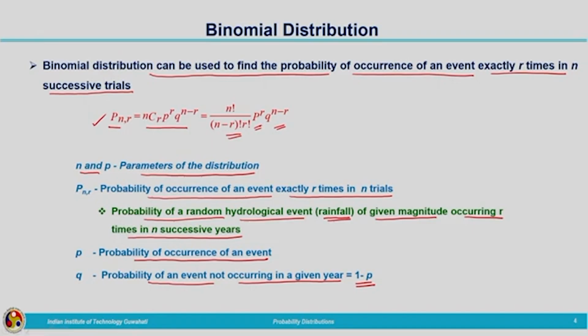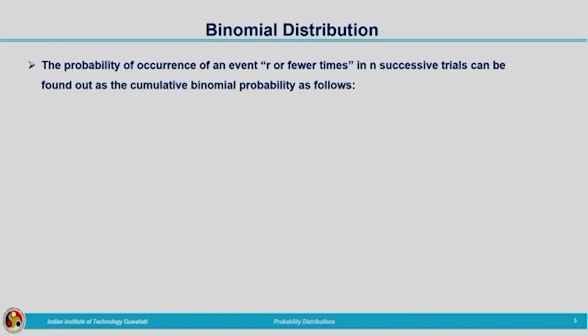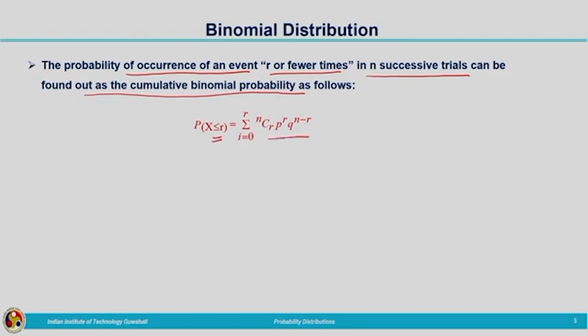Now, let us move on to the cumulative probability, that is the probability of occurrence of an event r or fewer times in n successive trials, which can be found as the cumulative binomial probability. That can be represented as P(X less than or equal to r) is given by summation of i equal to 0 to r nCr p raised to r q raised to n minus r.